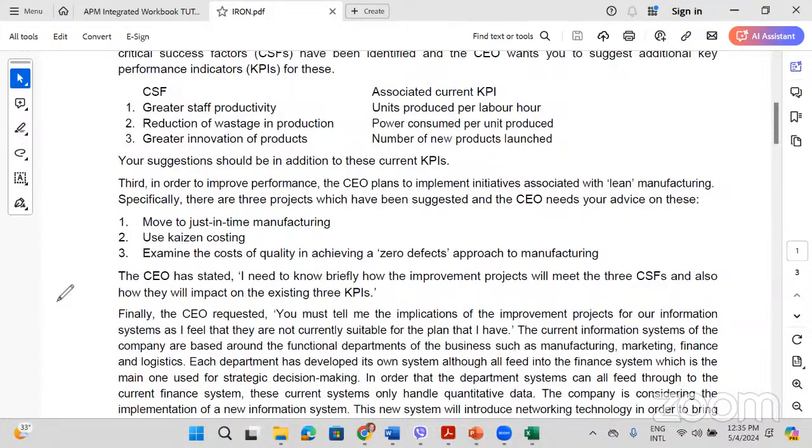Greater staff productivity. Yes. More output means per unit cost will come down. Wastage. Innovation. No. Right?